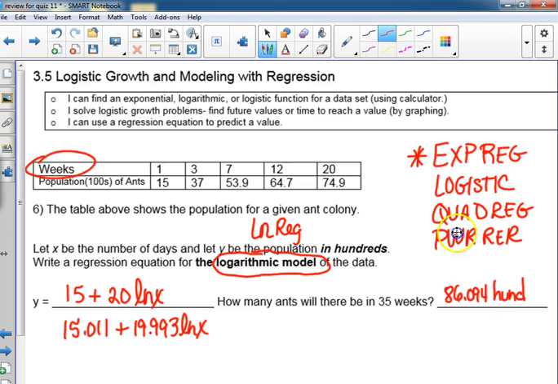If you wanted to move it over, you would move the decimal twice for hundreds, right? Hundreds means 86.094 hundreds is 8,609 ants, whatever. Just put the label on and I'll be fine. Any questions?